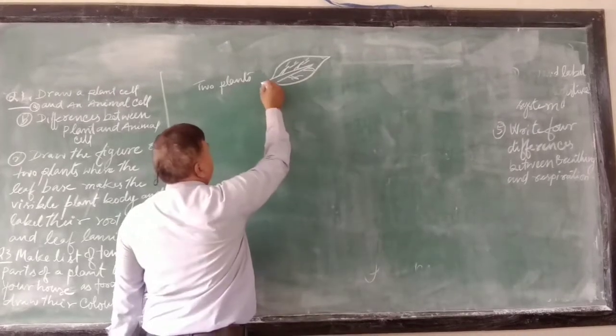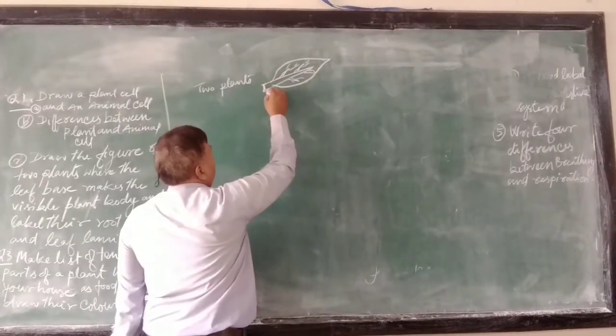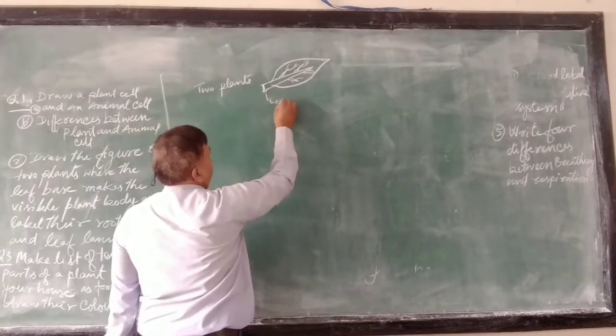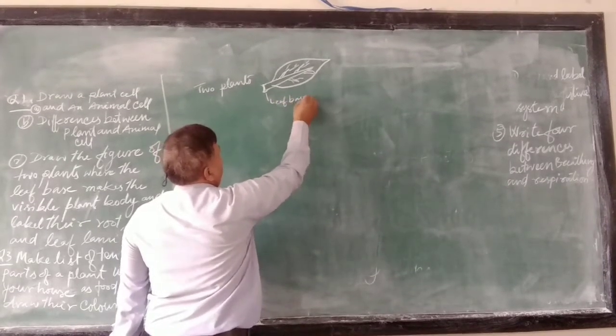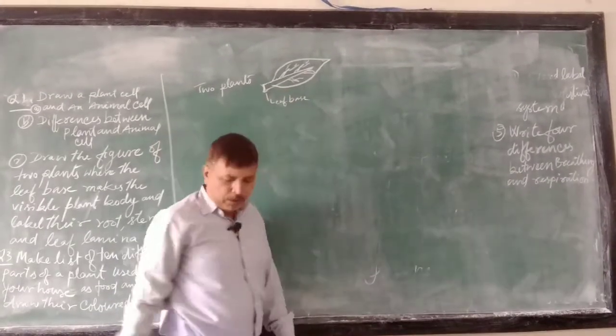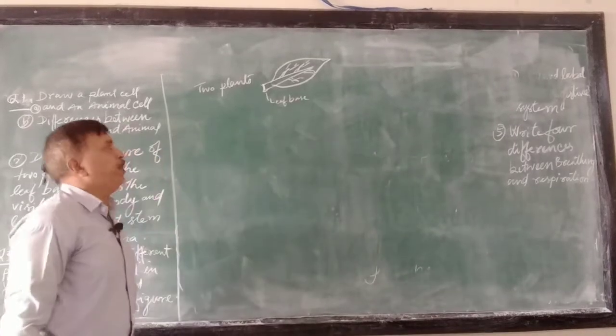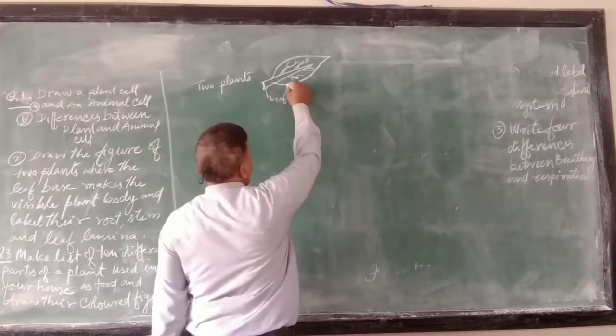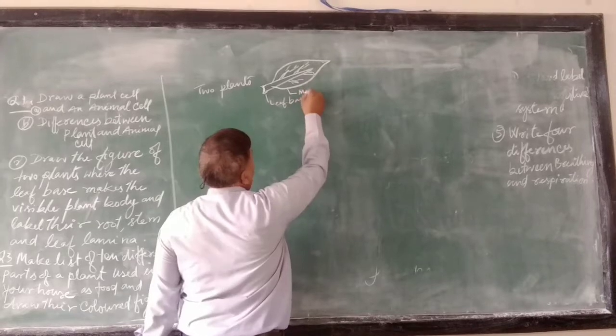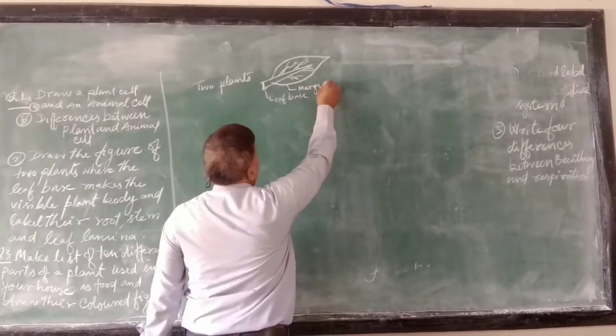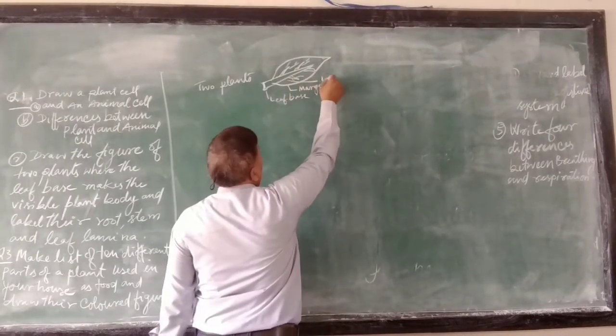So, this structure is leaf base or petiole, clear. This one is leaf base or petiole. What is this one? This is margin, leaf margin. What is this one? Lamina.